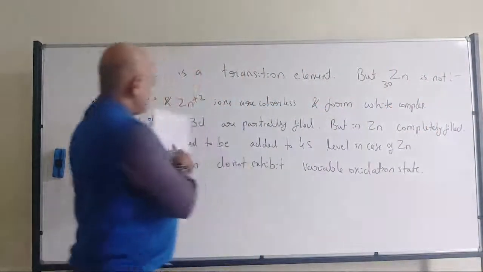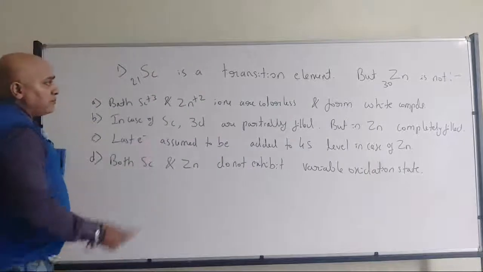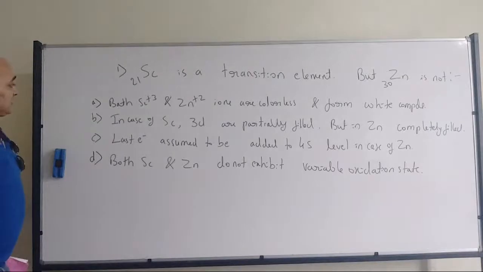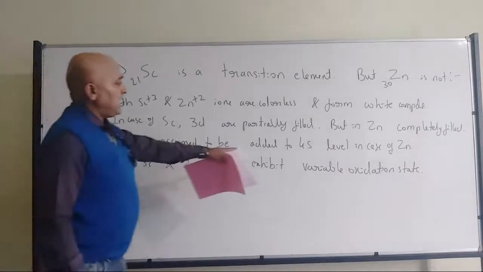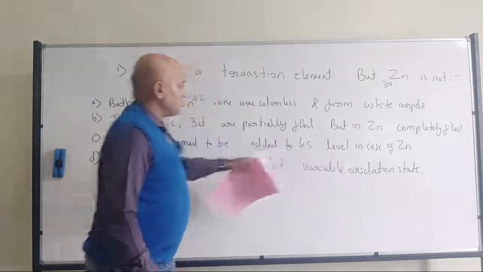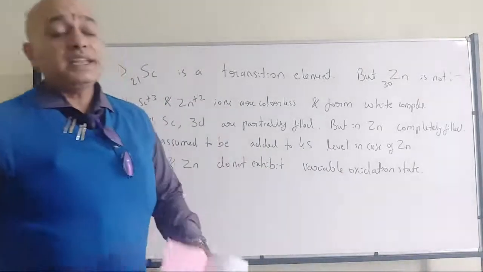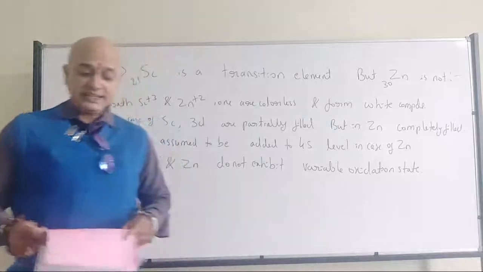Then in case of scandium 3d is partially filled, but in zinc completely filled. Last electron assumed to be added to the 4s level in case of zinc. Both scandium and zinc do not exhibit variable oxidation state.